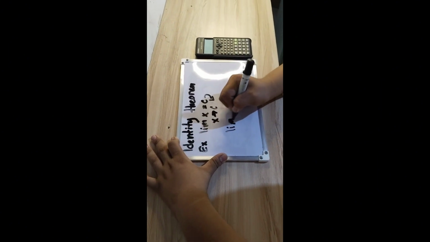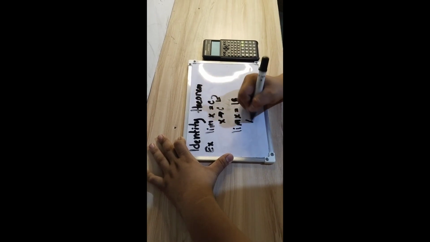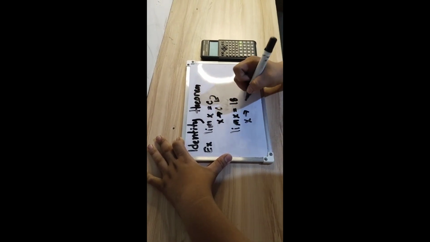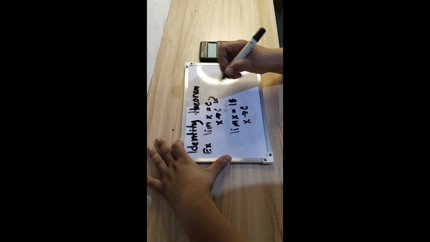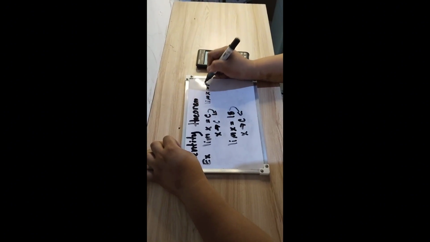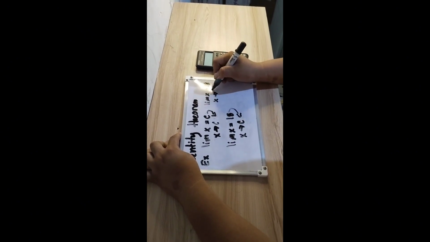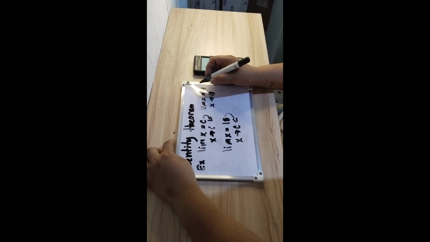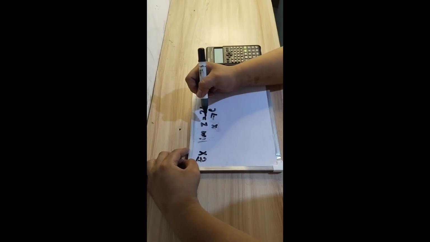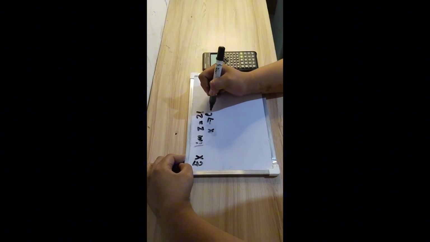The limit of x is equal to 18 as x approaches 18. I'll give you one more example. The limit of z is equal to 21 when x approaches c.